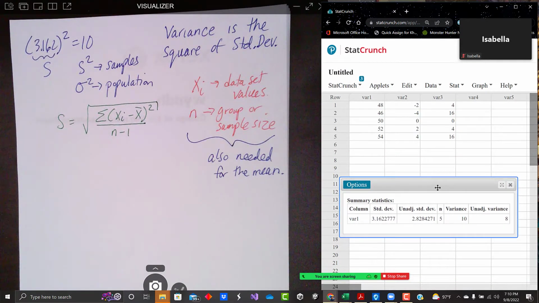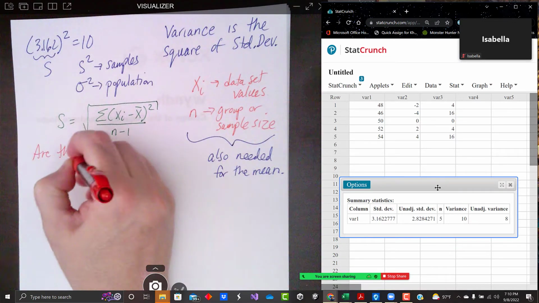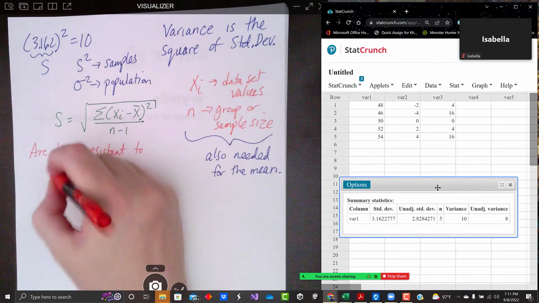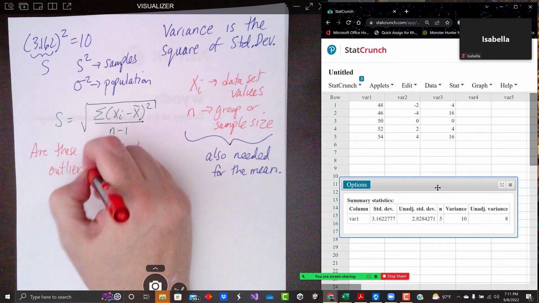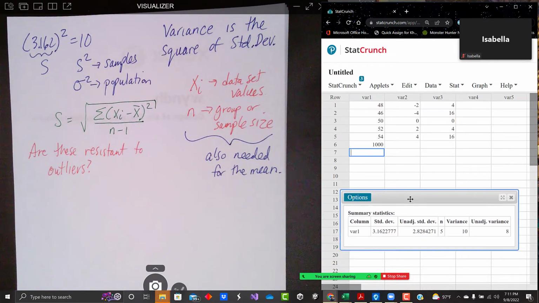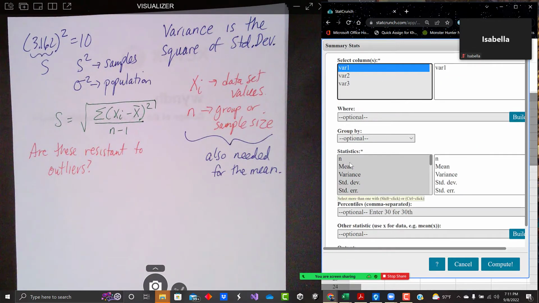Okay, let's check if these are resistant to outliers. We talked about this for range. Are these resistant to outliers? One way to check: add an outlier and then recalculate. Let's do more than 100. Let's go 1,000. Make a real outlier. Stats, summary stats, columns, and I'll pick them in the same order.